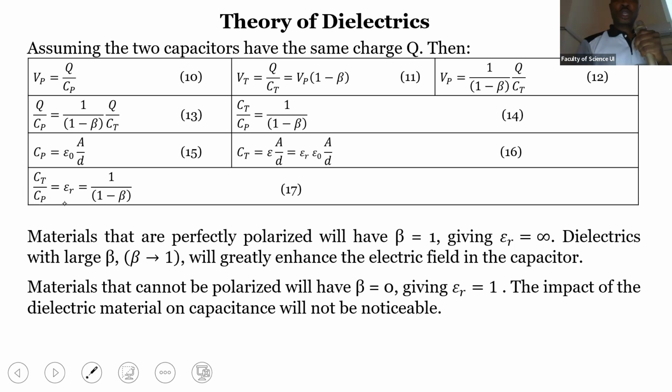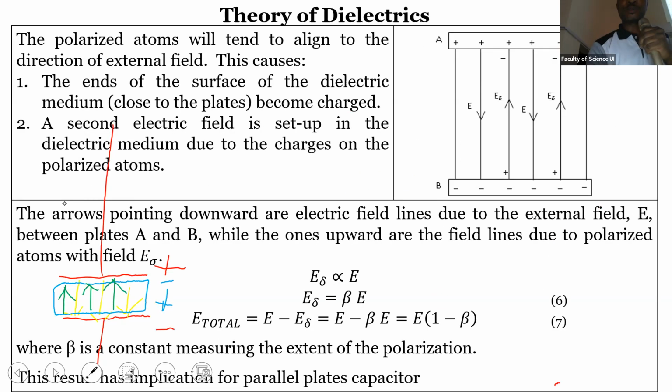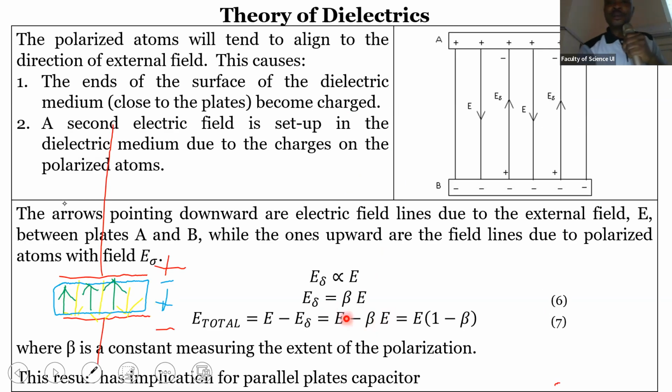So let's move on. Materials will be perfectly polarized when beta is equal to 1. When we look at this expression, when beta is equal to 1, that means that the field set up by the external potential difference will be equal to the field set up in the insulator.